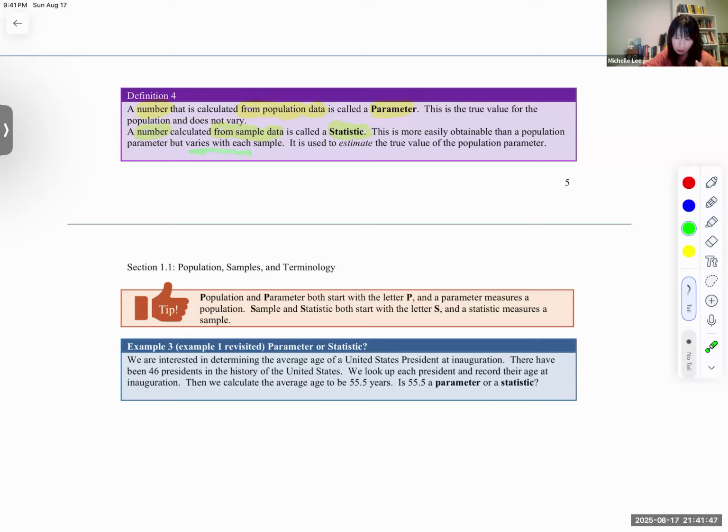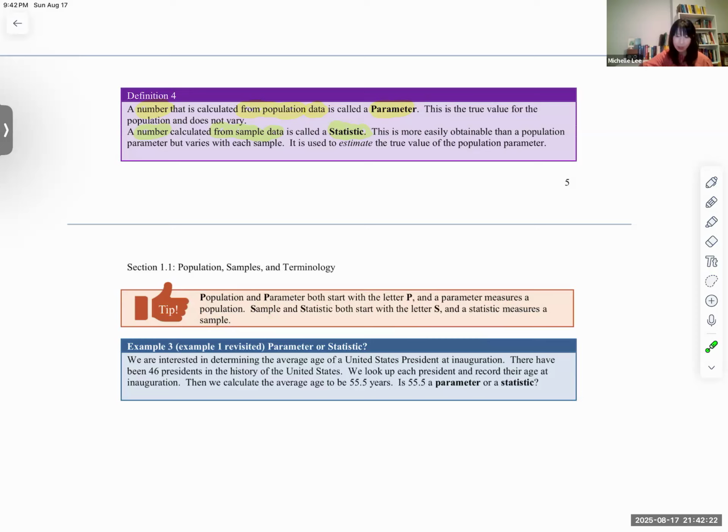Now, my previous students said parameter, the number from the population, P, and statistic, the number from the sample, S, right? Also, the book indicates P and S.